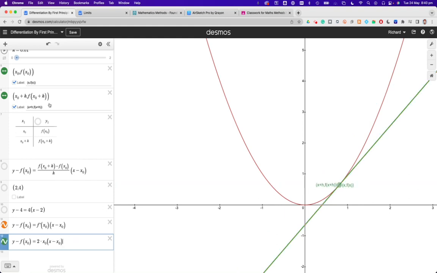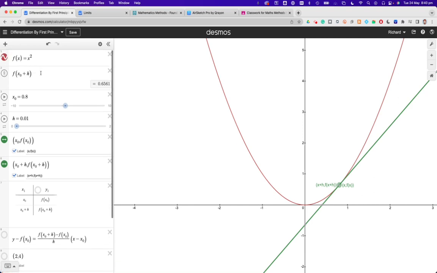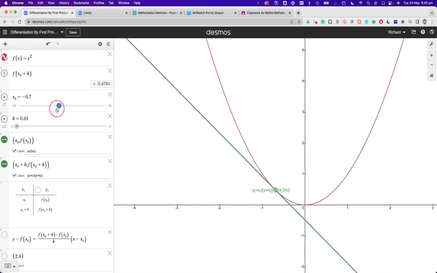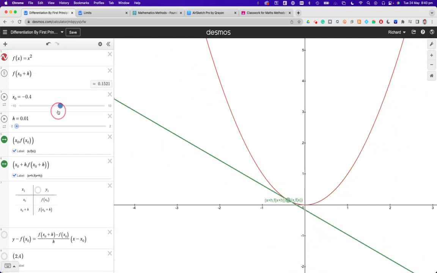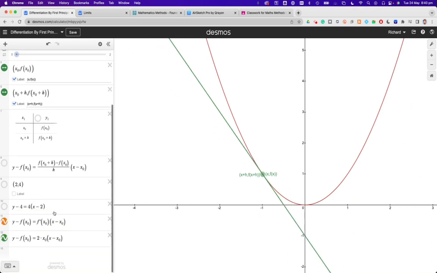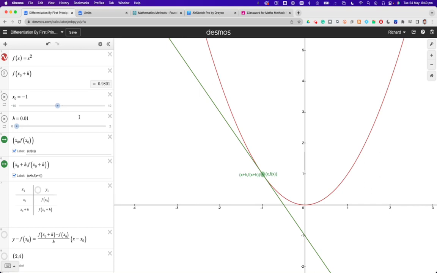There's the green line, and of course, as I move x along, the green line also follows, as well as the orange line. That just goes to show you that the derivative of x squared is 2x. It does effectively become the gradient of x squared. Okay, so we'll explore this in further depth next lesson, but for this lesson, I think that's enough theory for today.